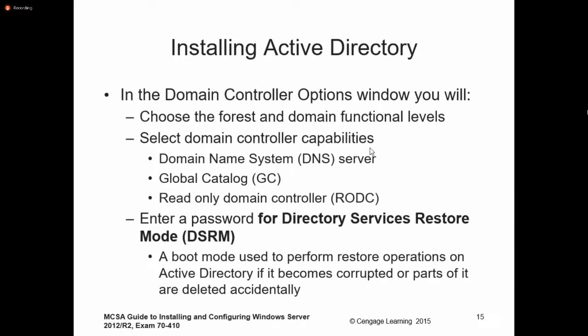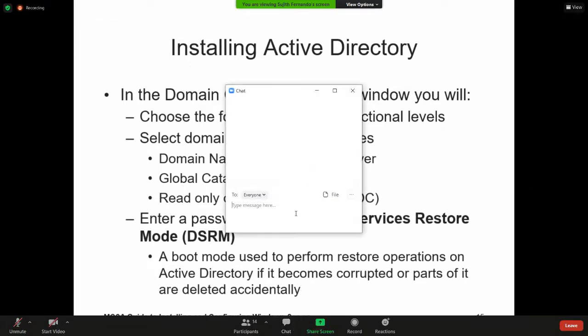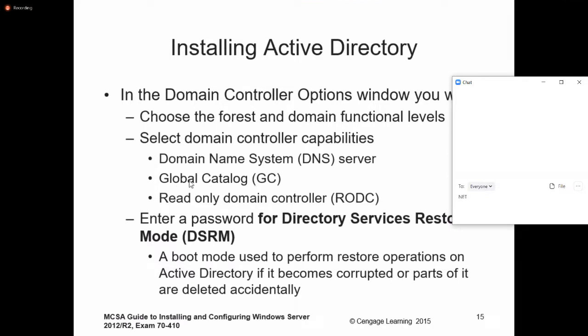Then you can select the capabilities of your domain controller. So yeah, the domain name server, then global catalog, read only domain controller. So this global catalog, when we are adding a new domain controller, if we put this global catalog on the new domain controller, that means it can actually work on its own, right?